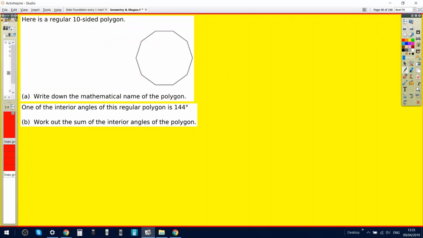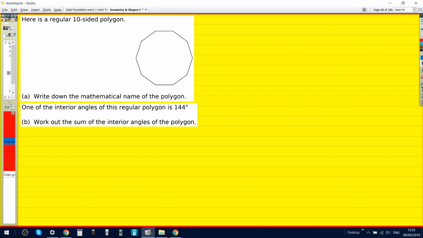Okay, how about this? It's not a hexagon, is it? That would be 6.